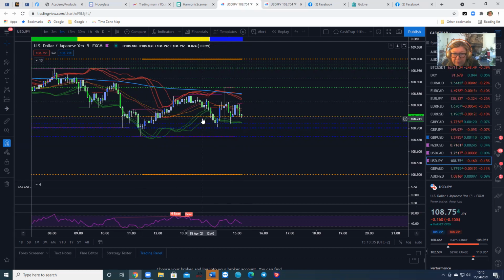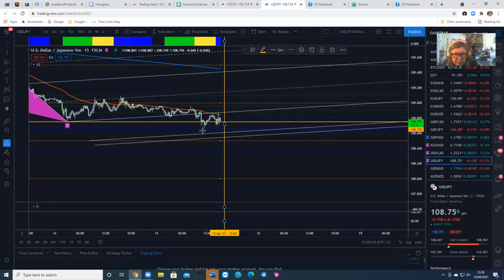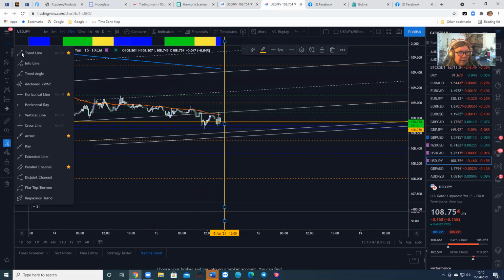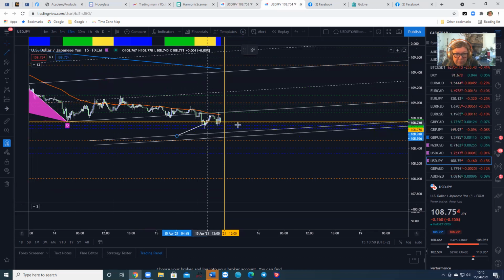699, that level of resistance there is 750. I think that's our lowest level now, because I can see that little upward channel forming here. Just draw a trend line like that. You've got about a pip either side on a trend line.